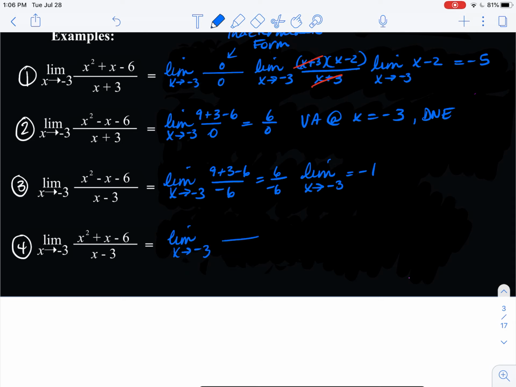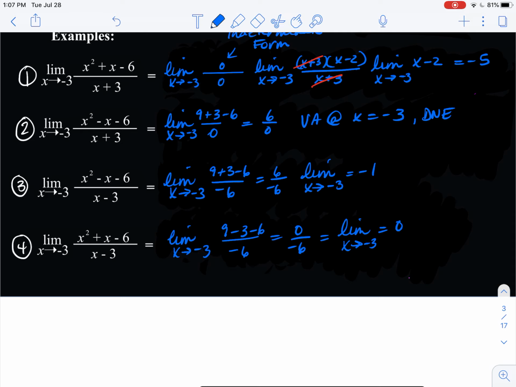And one more example, the limit as x approaches -3, the denominator is going to give me -6. In my numerator, -3 squared is 9 minus 3 minus 6, so that gives you 0 over -6, which means the limit as x approaches -3 is equal to 0.